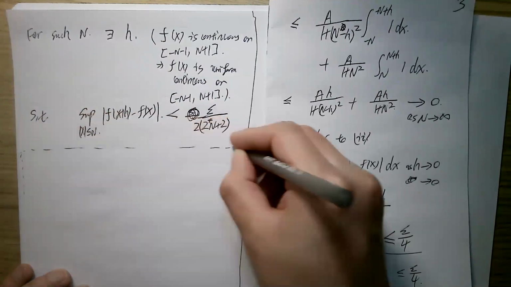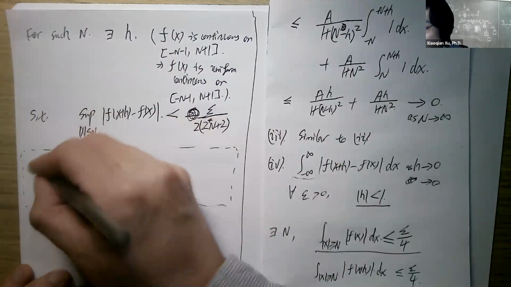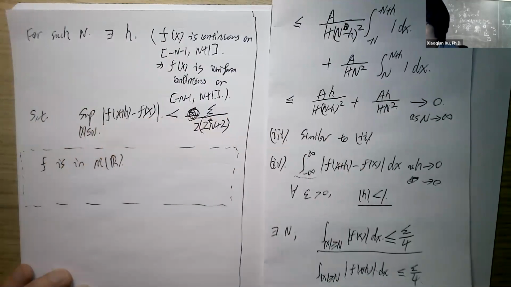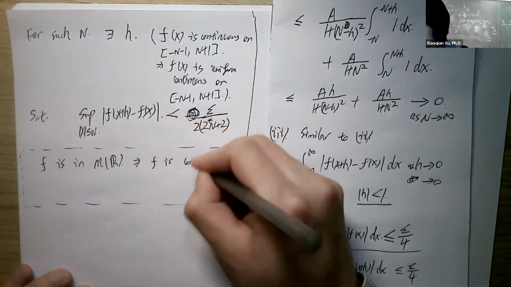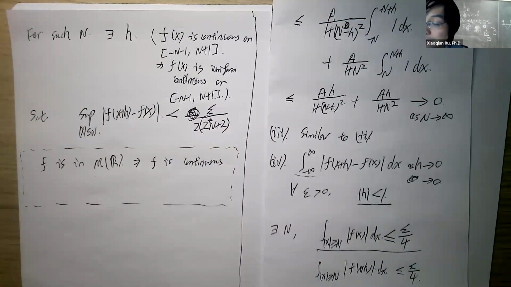When did we say that the f in this proof is uniformly continuous? f is in MR, right? So f is continuous by definition. Don't forget, MR, the moderate decreasing functions, not only have this decay condition, we also need them to be at least continuous. If it is too rough, then we don't want it.